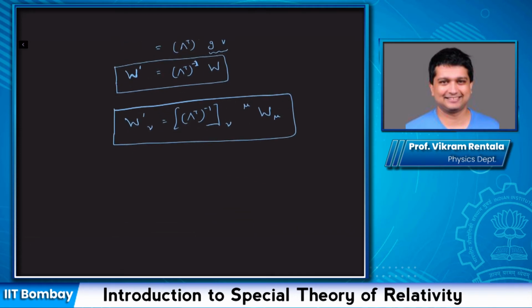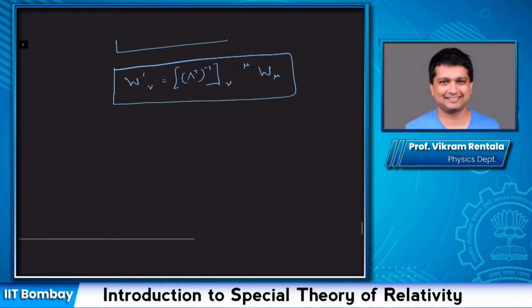So let me show you an example of where this is useful. Consider two contravariant four vectors, A mu and B mu, and let's consider the dot product of these two four vectors. The dot product is a Lorentz invariant quantity. So let's write it down.